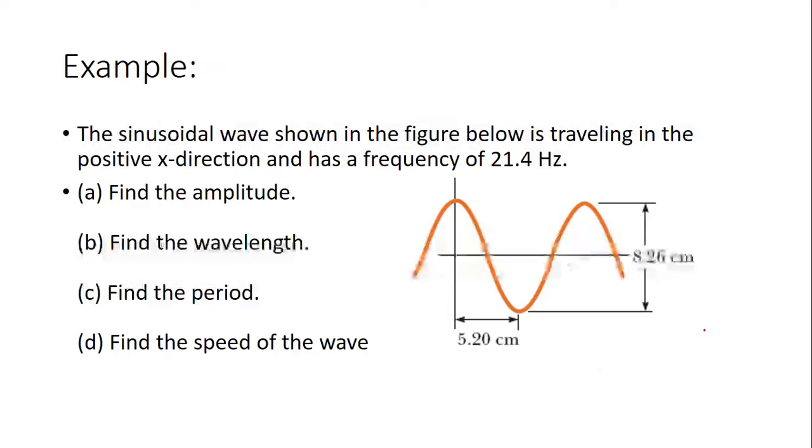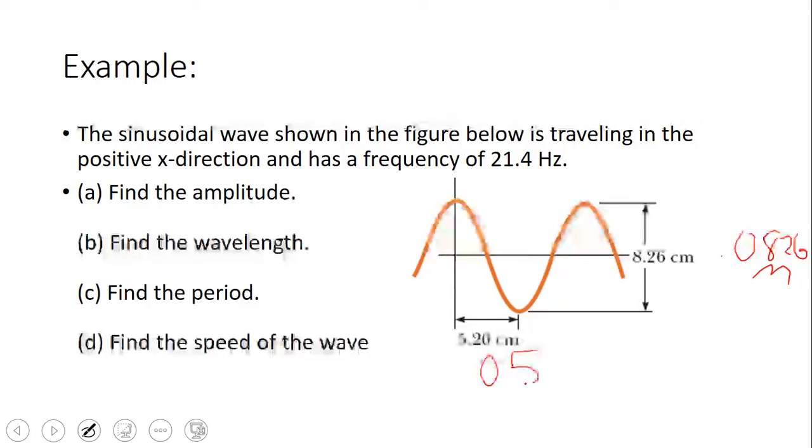Now, before we begin, let's convert these numbers to meters. 8.26 divided by 100 is equal to 0.0826 meters. And 5.20 divided by 100 is equal to 0.0520 meters.